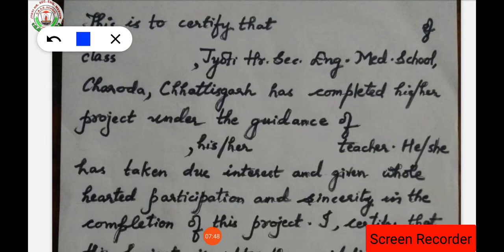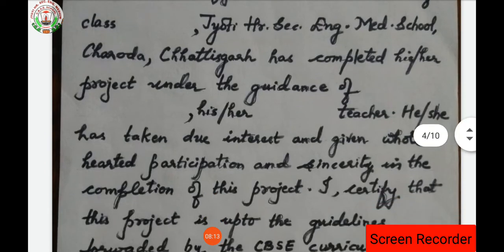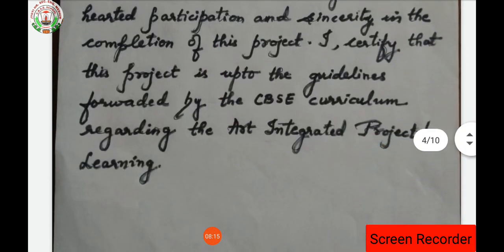Chhattisgarh has completed the project under the guidance of. Here you have to write only the teacher's name. Clear? So in this way you have to fill your page.